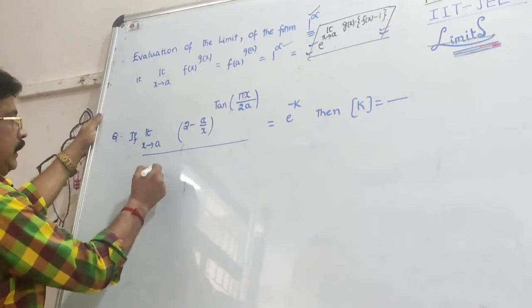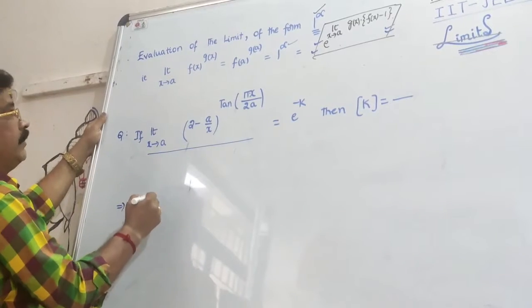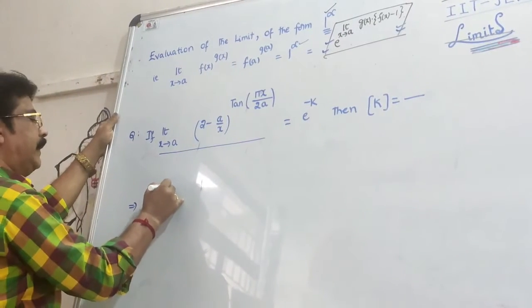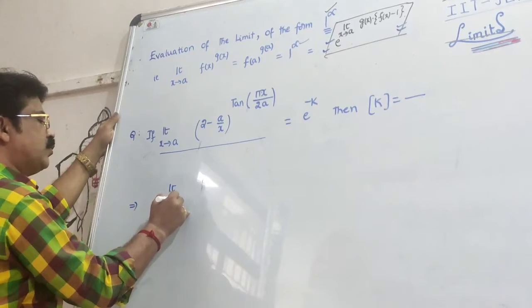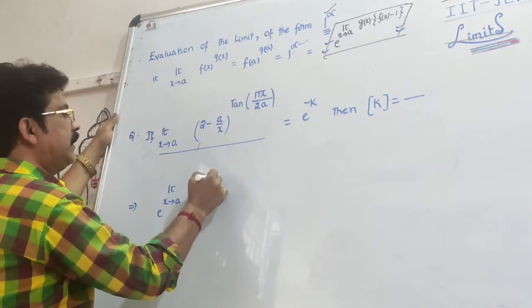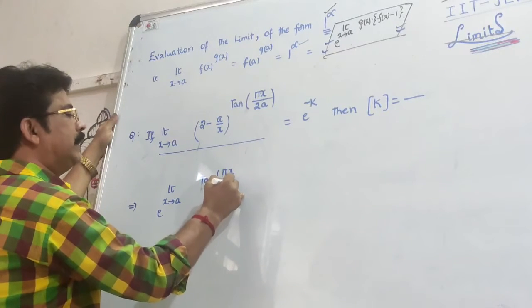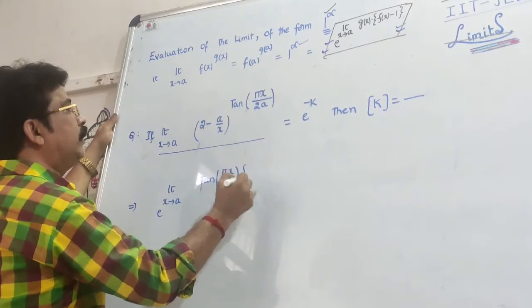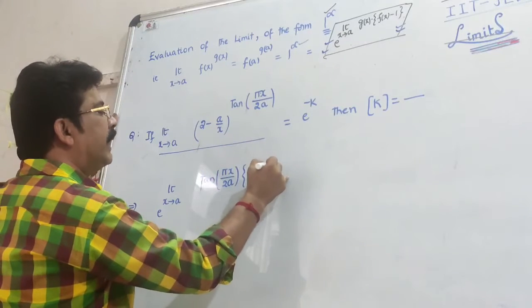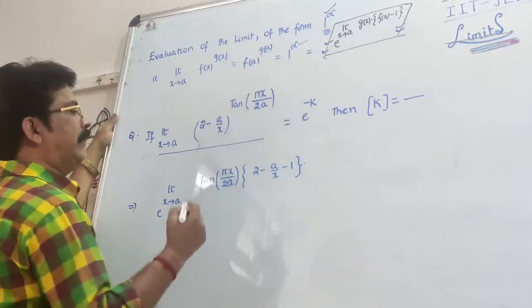So that implies the limit is e power limit x tends to a of g(x) to the power of f(x) means tan of pi x divided by 2a into (2 minus a by x minus 1).